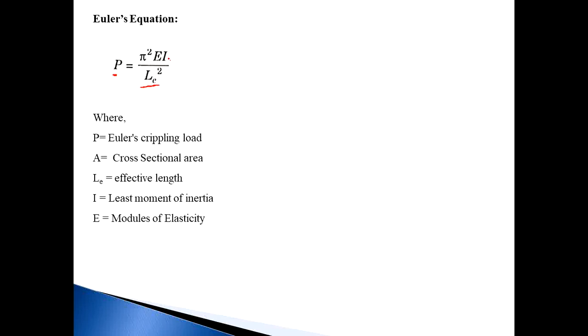For moment of inertia, we use the least moment of inertia, that is we calculate Ixx and Iyy, and comparing them we consider the minimum moment of inertia. Means when you analyze the column, the most important thing is moment of inertia I.